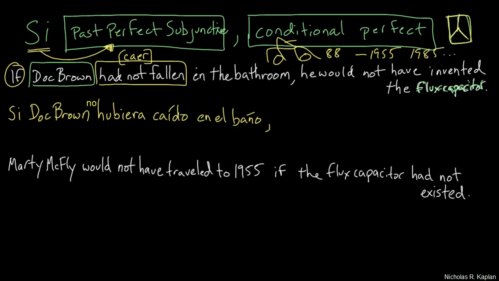Comma, right? So then there's that next piece, comma. He would not have invented. So to invent is... and we will take that and conjugate it into the conditional perfect.